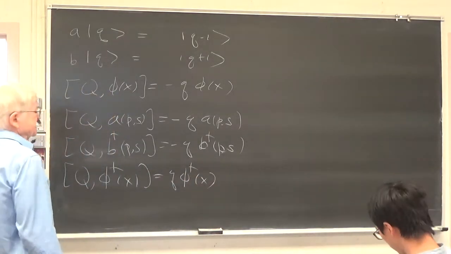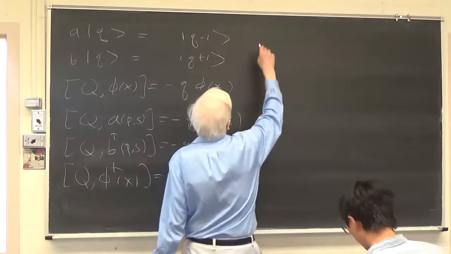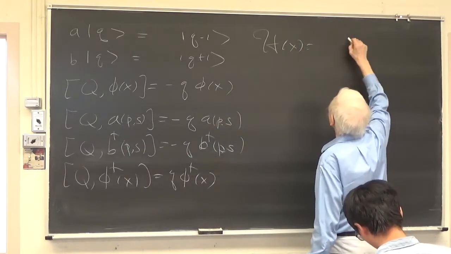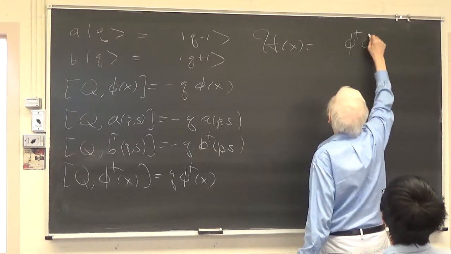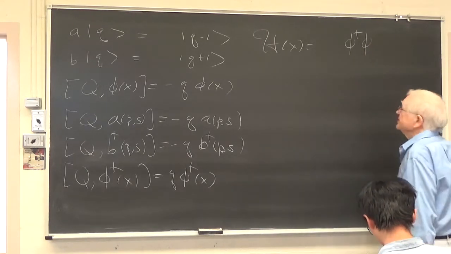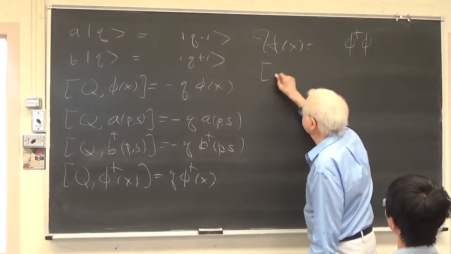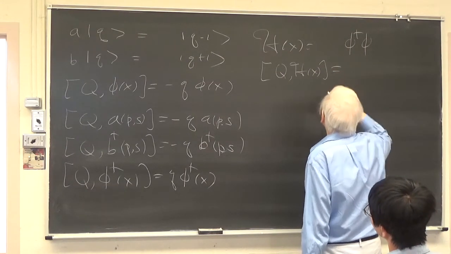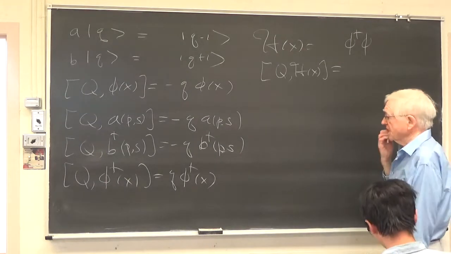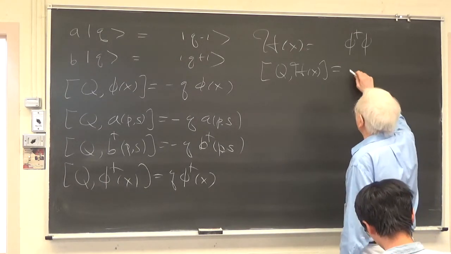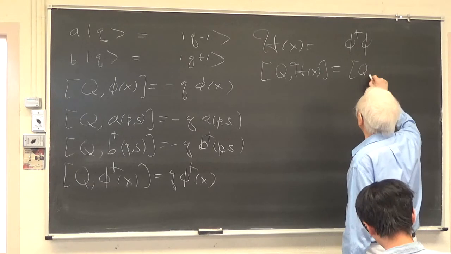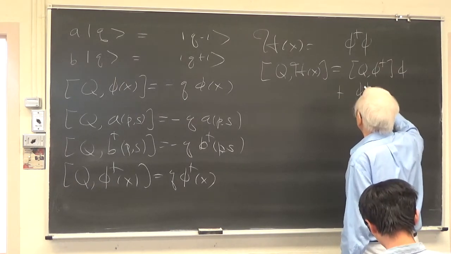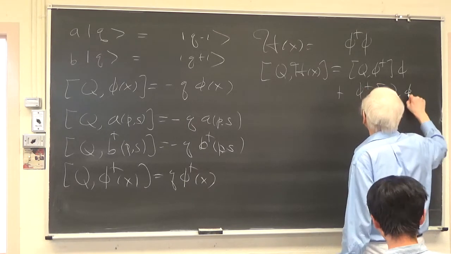And so what this means is that if you have, say, a Hamiltonian density that involves something like phi dagger phi, then Q with H of X would be Q phi dagger phi plus phi dagger Q phi.